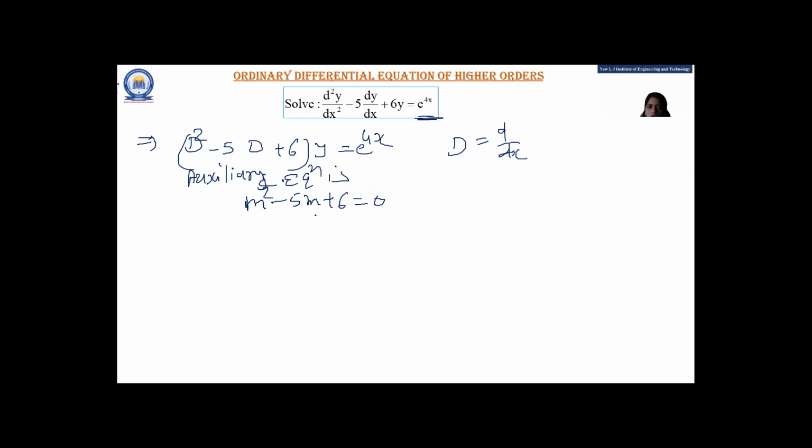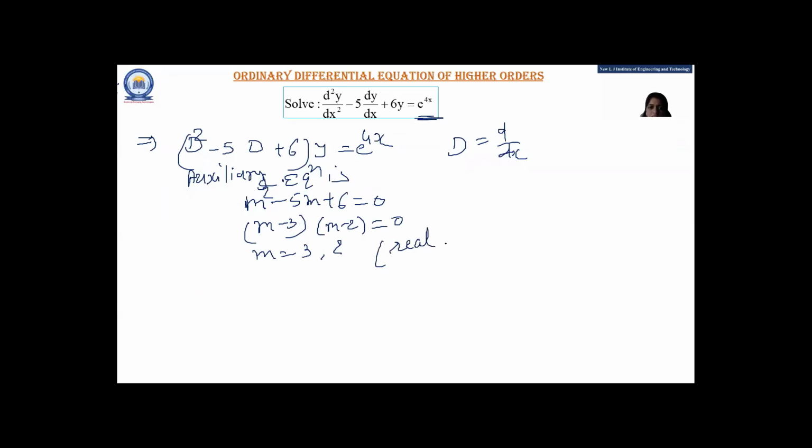Students, make sure that for the auxiliary equation, you have to write the coefficient of y, and your coefficient of y is D square minus 5D plus 6, and then you have to replace your D by m. So m square minus 5m plus 6 equal to 0. Now what are the factors of m square minus 5m plus 6? Your factors are m minus 3, m minus 2 equal to 0. So the roots from these factors are 3 and 2. Both roots are real and distinct.